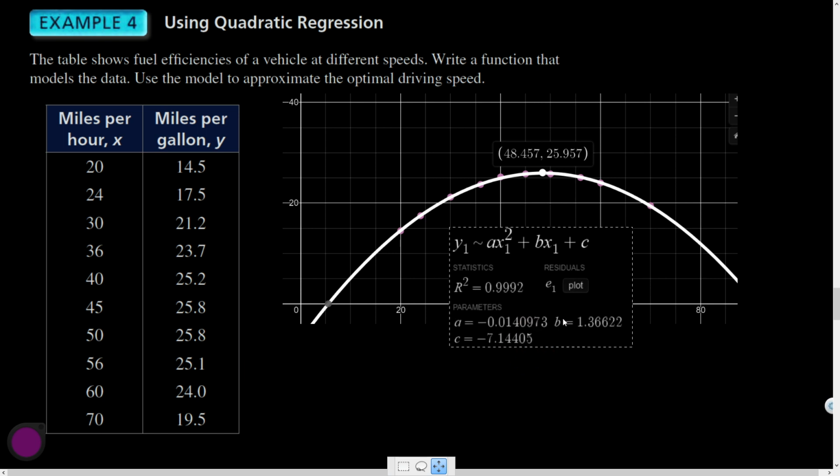And so if I wanted to write that out, they did say write the function.